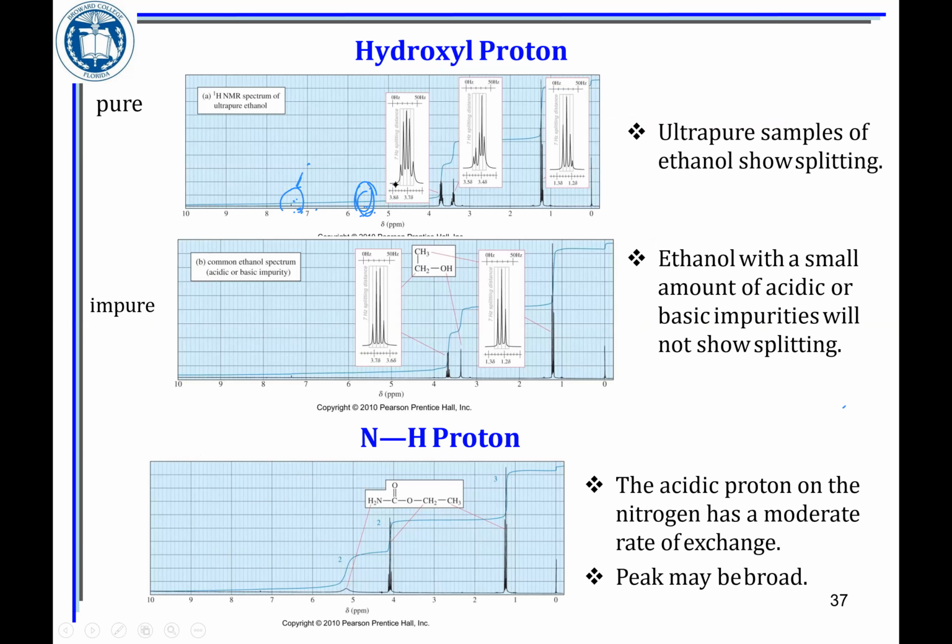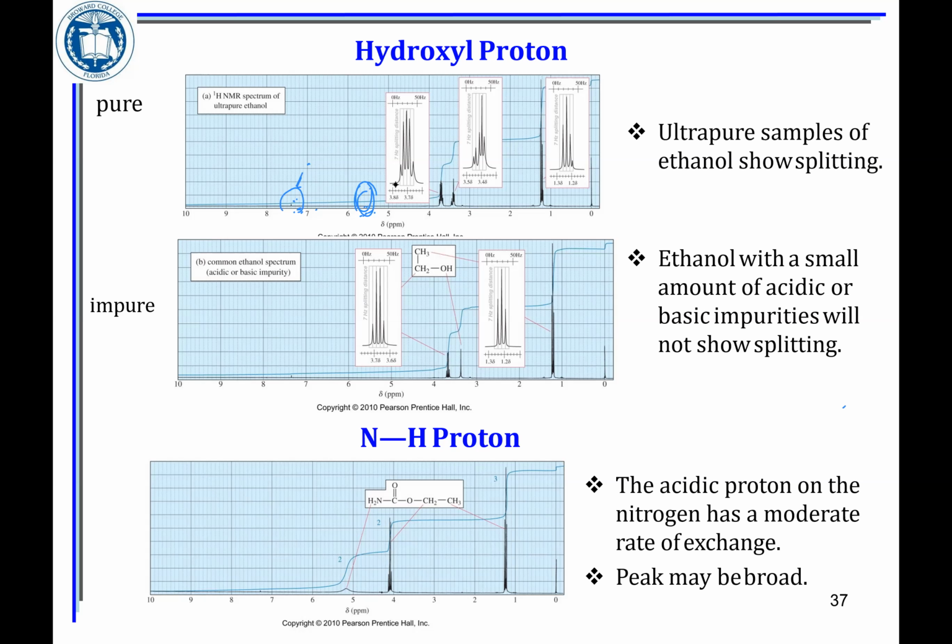Ultra pure samples of ethanol. Remember, earlier I said that if you have an OH group, it is not going to be split by another hydrogen on the adjacent carbon unless it's 100% pure, which in this case is an ultra pure sample of ethanol. So the OH group is going to show splitting.